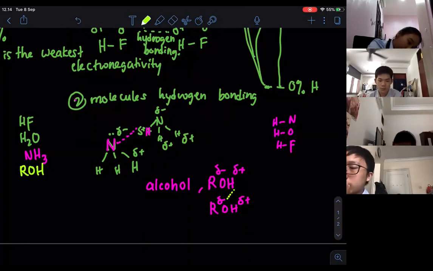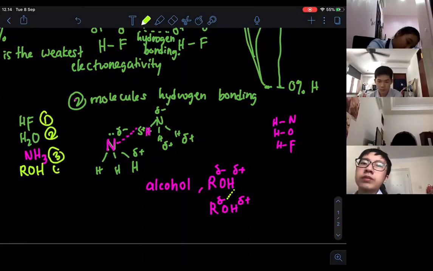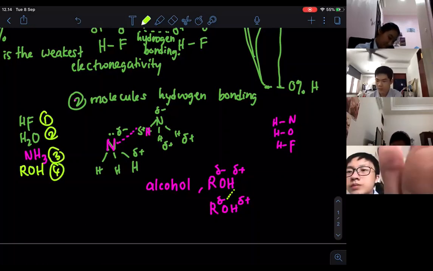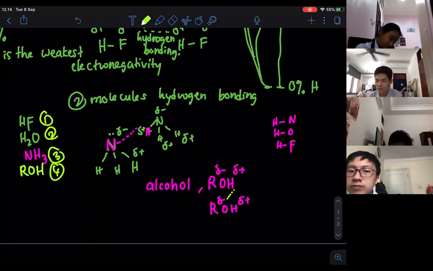Of course we have other molecules, but I just teach you the common ones. Anything that can bond with oxygen and hydrogen will have hydrogen bonding.